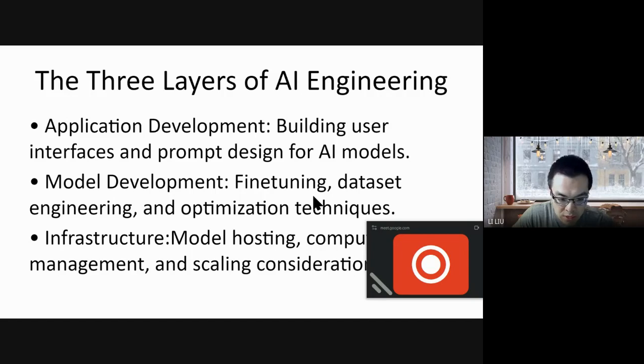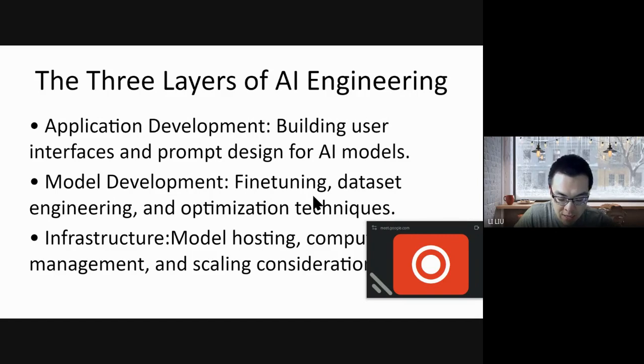And also the infrastructure side is things like model hosting and inference. So basically here, it talks about if we call the API, essentially it's using a model that someone else hosts for us. So it's like we are using AWS or cloud computing services.